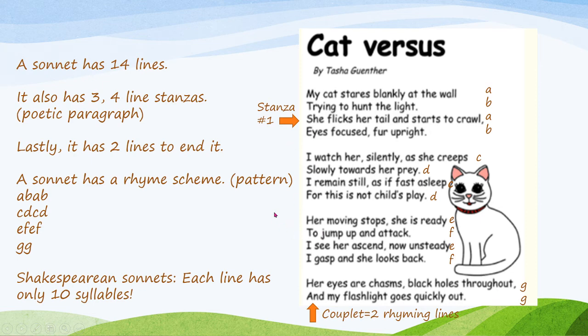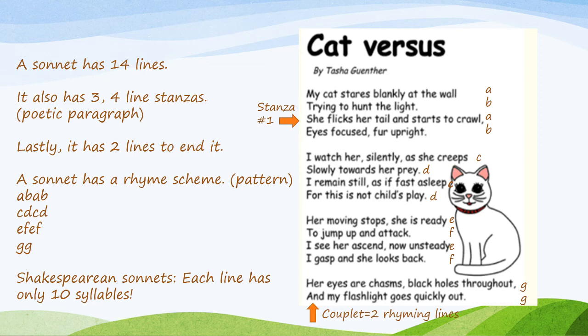We've got 3 stanzas with 4 lines each. My cat stares blankly at the wall, trying to hunt the light. She flicks her tail and starts to crawl, eyes focused, fur upright. I watch her silently as she creeps slowly towards her prey. I remain still as if fast asleep, for this is not child's play.